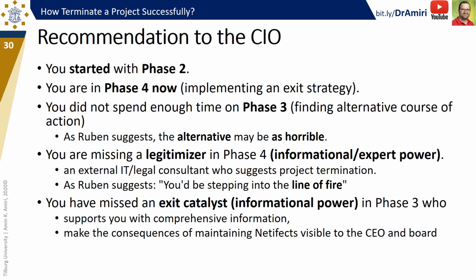The problem was already recognized by the top executives, and he was only required to re-examine the project to figure out what the issues are and how serious those issues are or can become. At the moment, he is in phase 4, that is implementing an exit strategy. He already went for firing NetEffects.